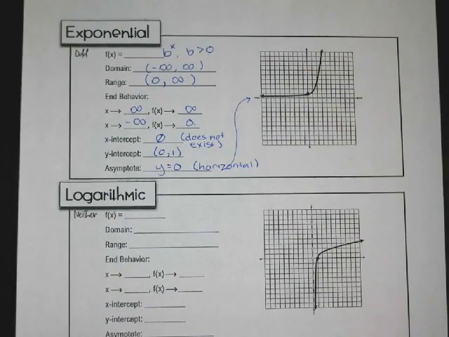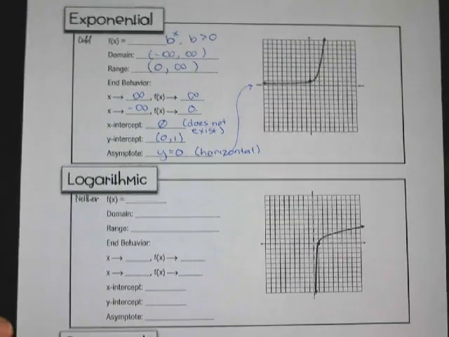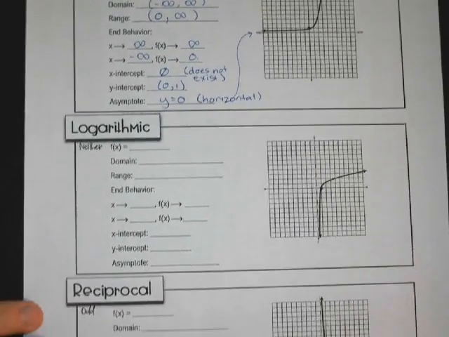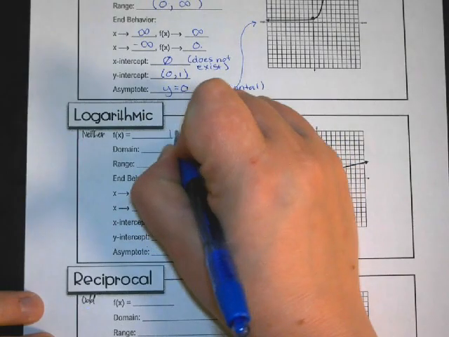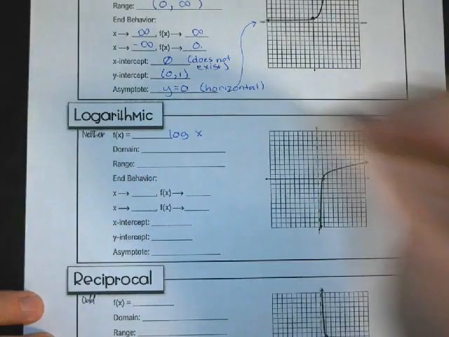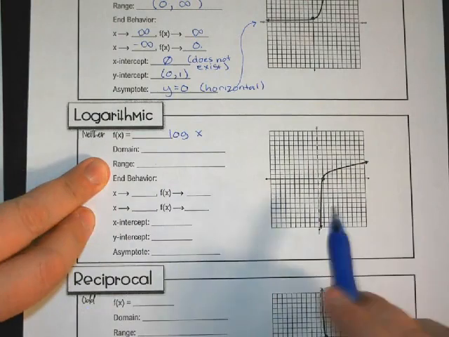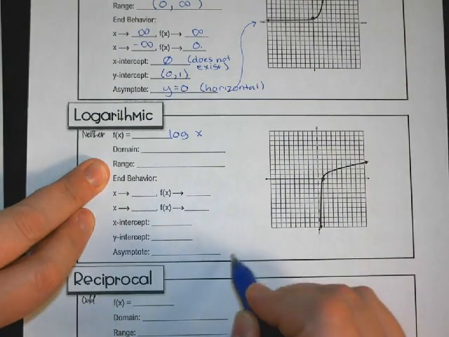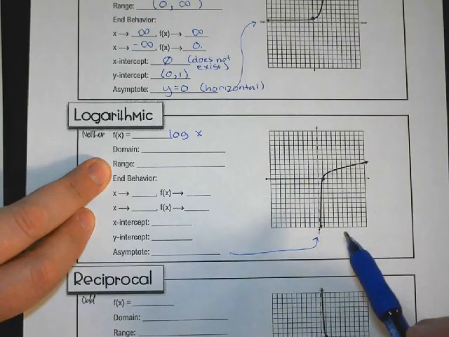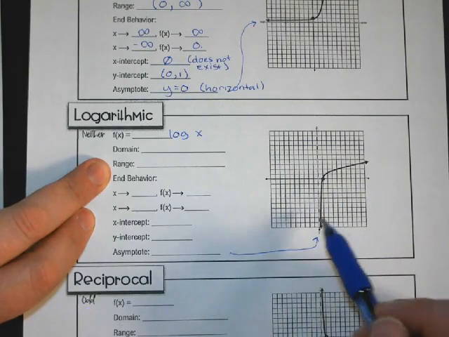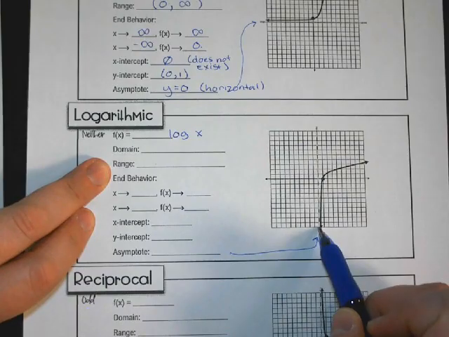Now, logarithms are in some ways kind of like the reverse of an exponential function. A log we are going to actually write as log x. As we can see from here, I have an asymptote, which means I have a hard limit on what I can use for x. X has to be positive. X can't be 0, otherwise I wouldn't have this asymptote here.